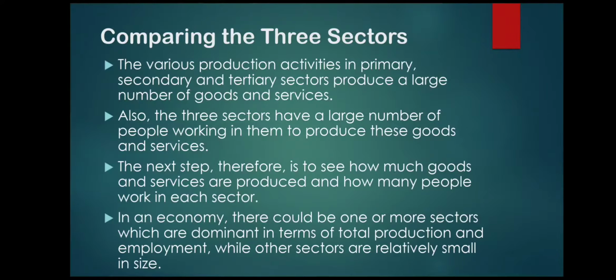It produces more amount of products, and it even employs greater number of people. On the contrary, there can be other sector which has got relatively lesser production and which employs lesser number of people.